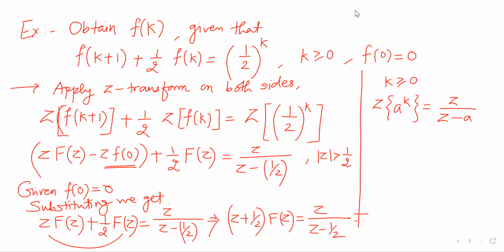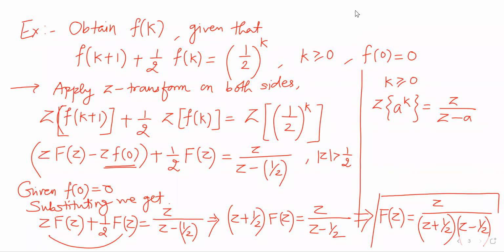Now what will this give you? This gives F(z), that is the transformed function, which is z upon (z plus half) into (z minus half). Correct? So this is the half part. We are through with the half part first.